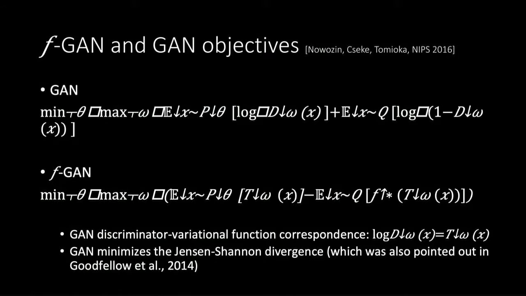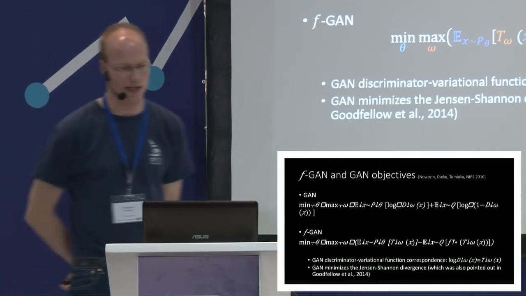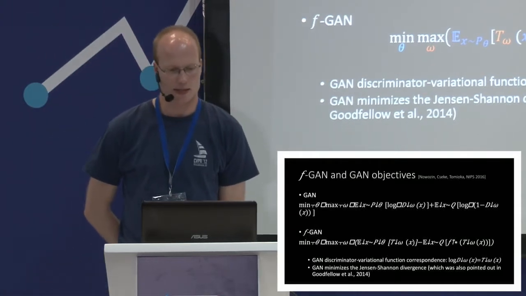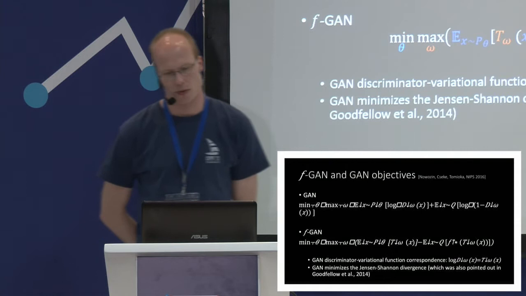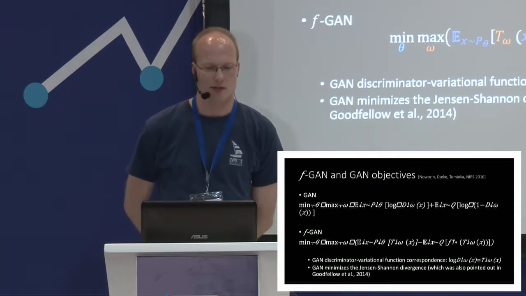So now a minimization is added in front of this. And so if you compare the original Jensen-Shannon GAN from Ian Goodfellow with the f-GAN, we see it has very much the same structure. And in fact, there's an exact equivalence if we choose this function t of a certain type. And that shows, as already pointed out in the original Goodfellow paper, that the GAN minimizes the Jensen-Shannon divergence.